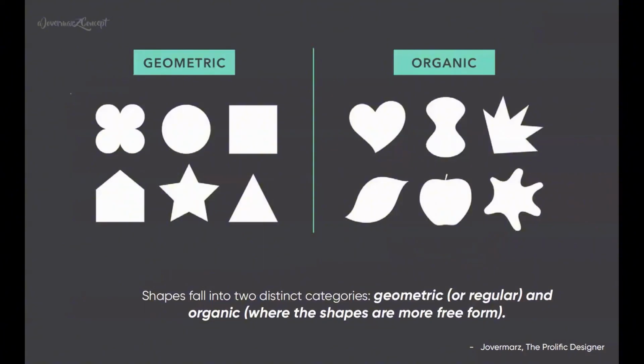Now, we have two kinds of shapes: geometric and organic. The geometric shapes are the ones we know. Organic shapes you can create with your hand. You could create an organic shape, but still know that it's a shape as long as it has a boundary.